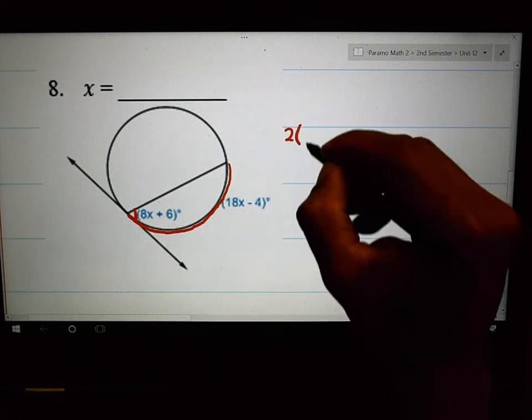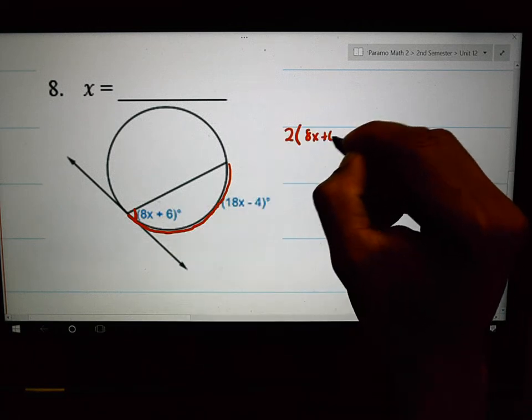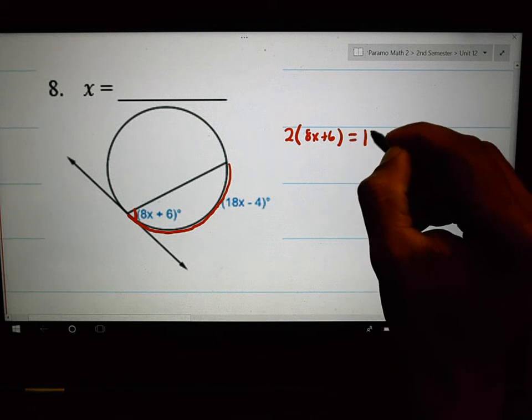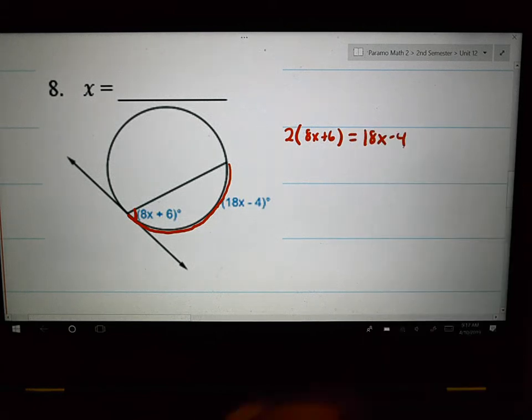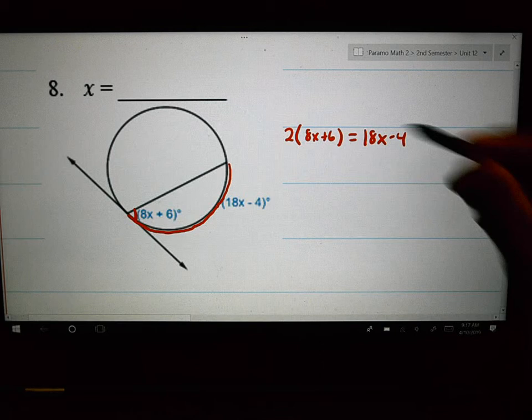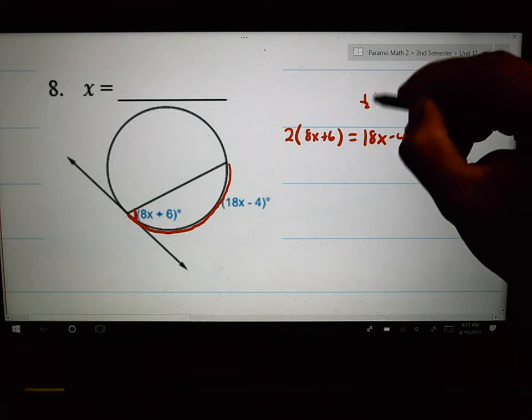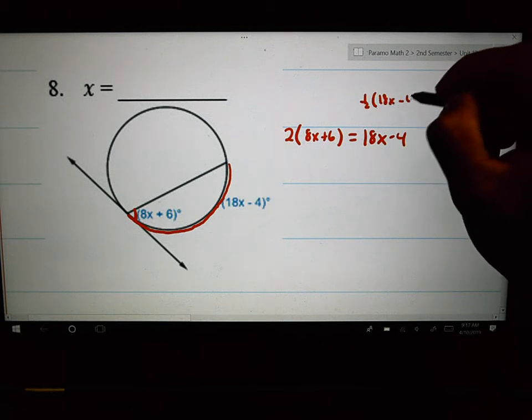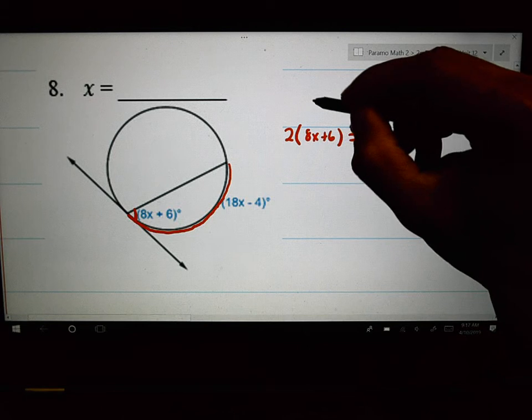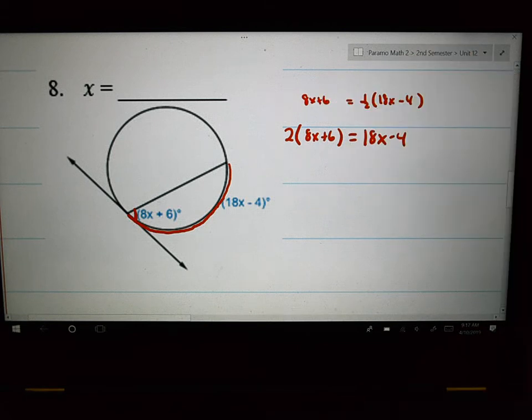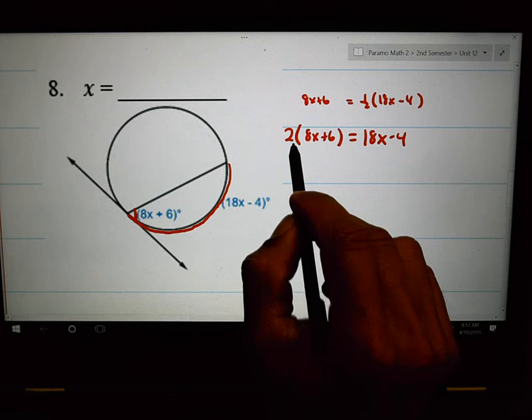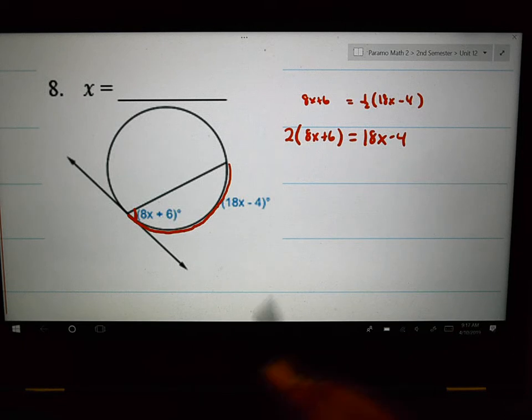I'm going to double the smaller one and set it equal to the arc. This is the exact same thing as taking half of 18x minus 4 and setting that equal to 8x plus 6. Either way is correct. I just think it's easier to deal with the whole number instead of dealing with the fraction. But you could do either one. Doesn't matter.